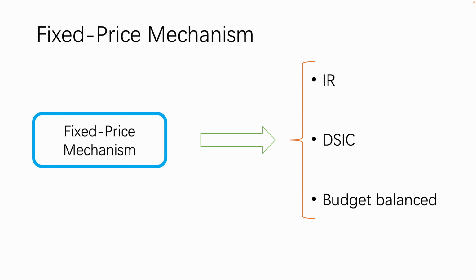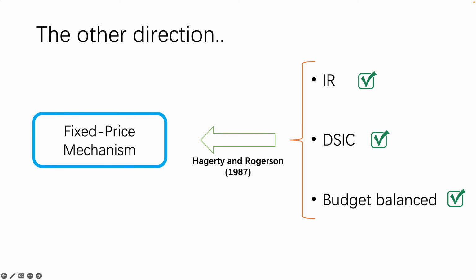We could see that this fixed price mechanism satisfies all the three desired properties that we stated before, since for the seller or the buyer, the mechanism is actually a posted price mechanism, so it satisfies IR and DSIC. And also this mechanism only suggests a trade at a price of P, so it's also budget balanced.